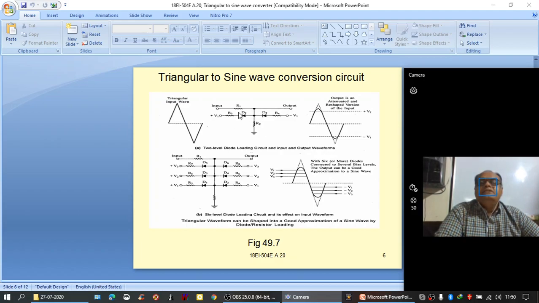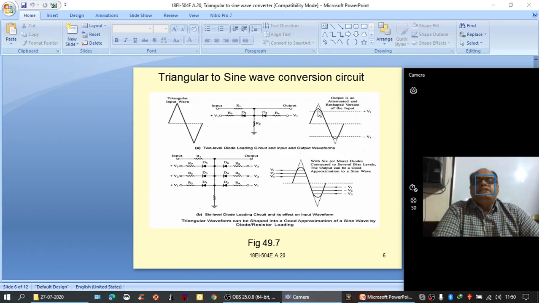When diode D1 starts conducting, the potential at this point is clipped to V1. So the output voltage will no more exceed beyond V1. It will be clipped here to V1.